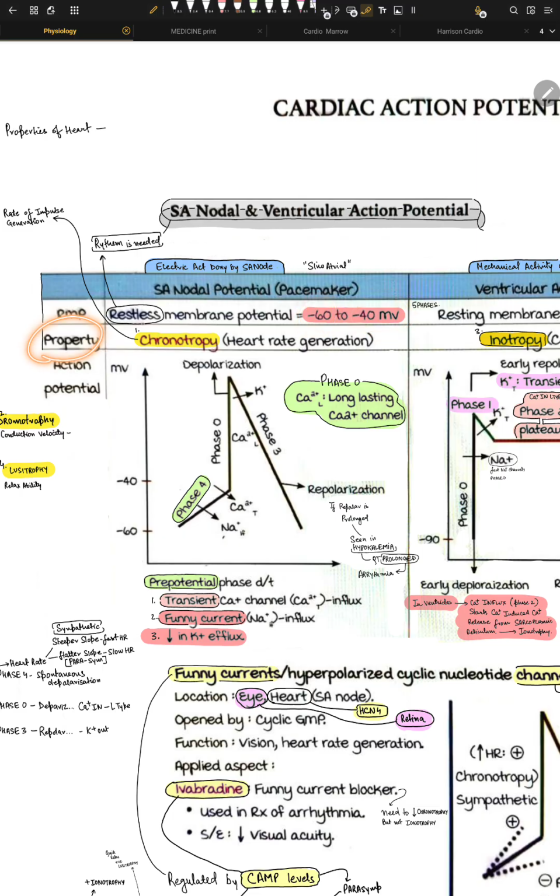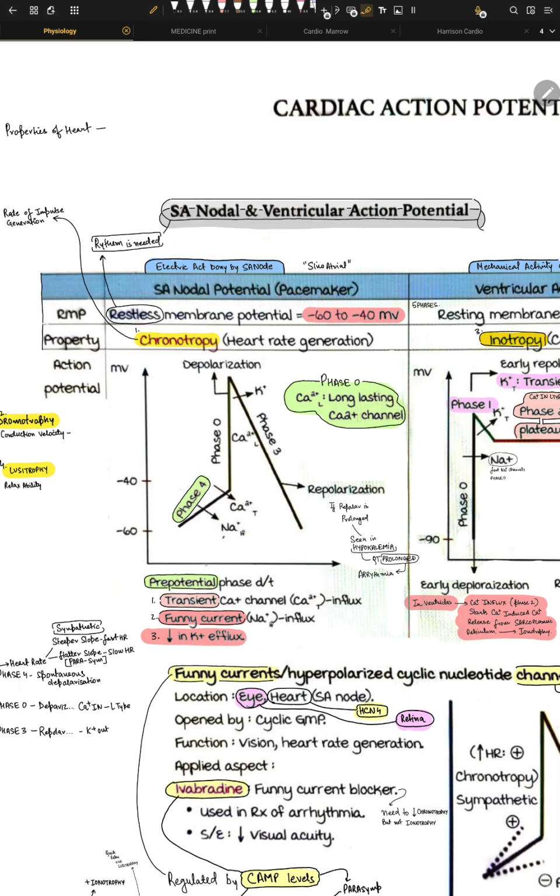And the property of the SA node, what's its function, is chronotropy. The word chronotropy means the rate of impulse generation, how much impulse is getting generated. Think of your heart as a synchronized music orchestra. The SA node is the conductor that tells the musicians to play their instruments this way.